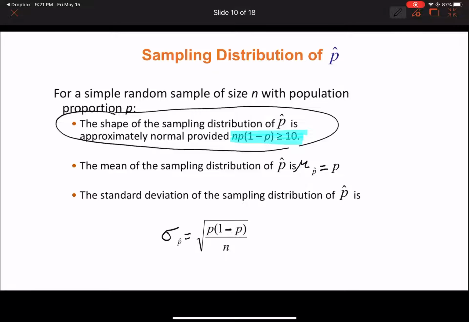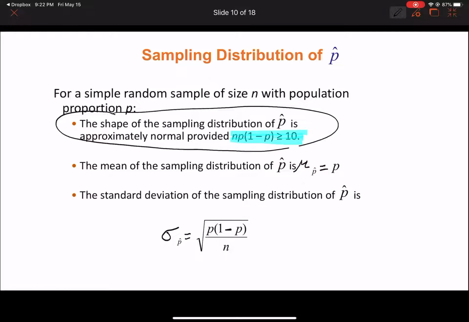Our standard deviation, this is the standard deviation we are going to use for this lesson when we are dealing with the sample proportions.